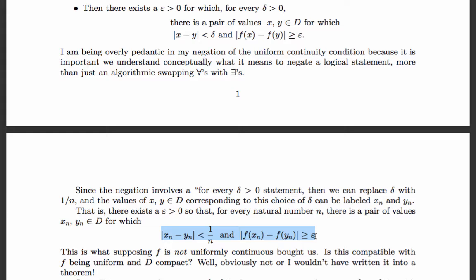That these values exist, xn and yn. For every natural number, xn and yn exist, and this statement is true if f is not uniformly continuous. So the question we must ask ourselves is, is that highlighted statement compatible with f being uniformly continuous and D being compact? Well, of course it isn't, because we're trying to prove this by contradiction, and I wouldn't have taken you this far if it wasn't going to work.